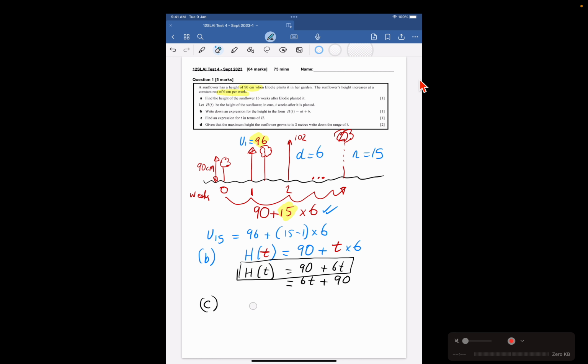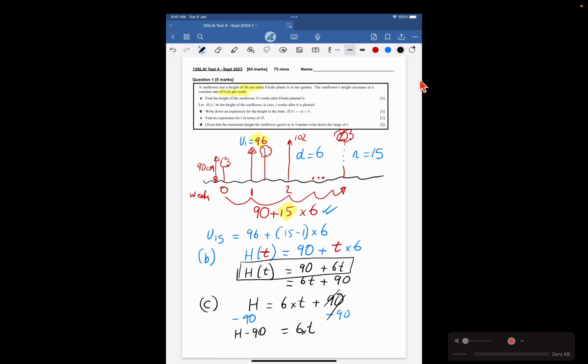So why not just change it to h, the height, equals 6 times t plus 90. And now we're just going to have to balance this. We subtract 90 from both sides first. Okay. Because this will cancel out here.